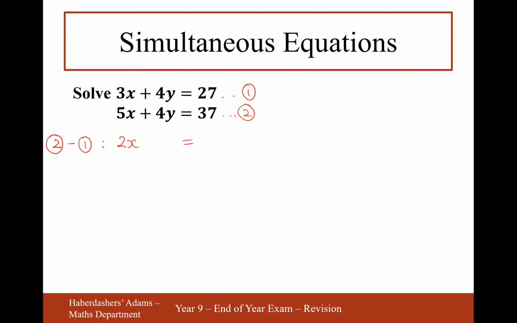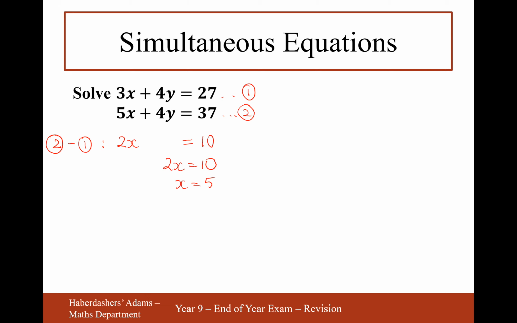That's what you always want to happen when you start adding or taking away equations: I want one of the letters to cancel out. And then 37 take away 27 in the column will be 10. So nicely I've got 2x equals 10, and it's obvious now that x is equal to 5.